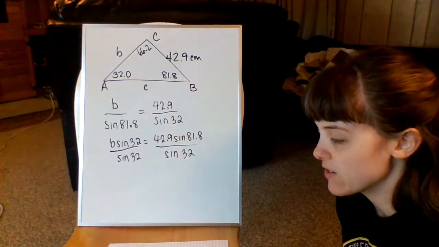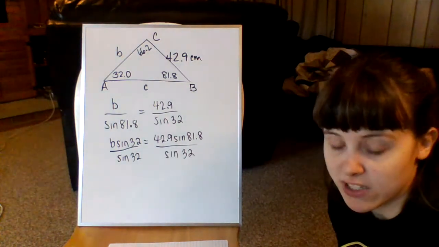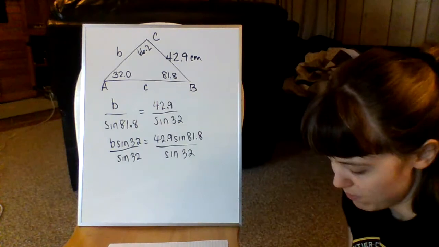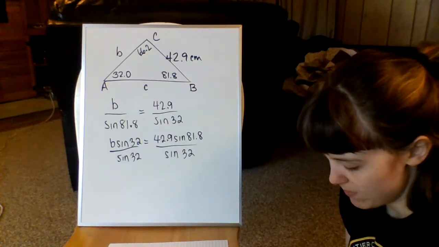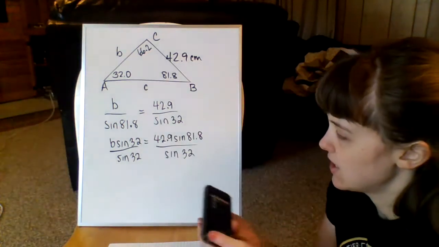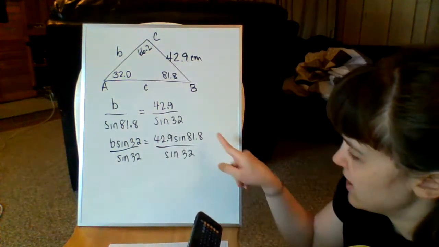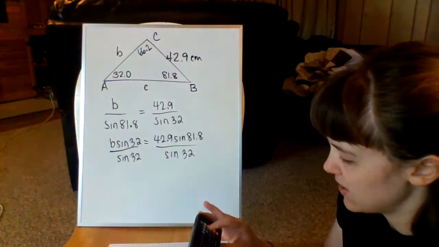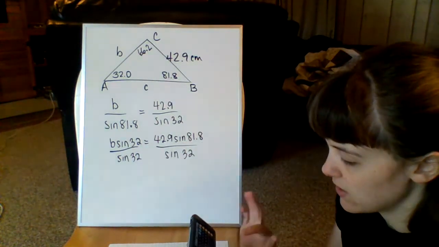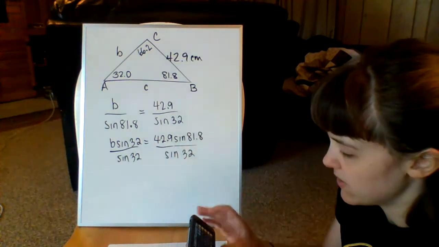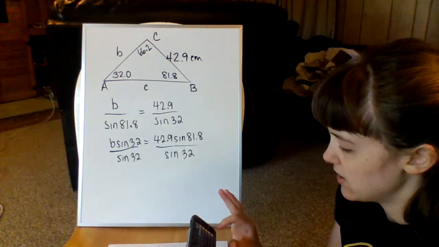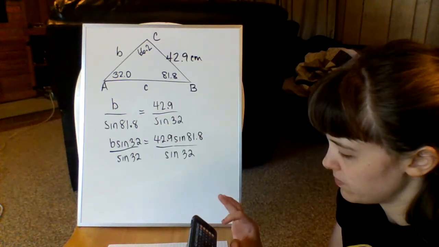Okay, so I'm going to now tell you how to type this into your phone calculator. If you've got your phone calculator nearby, pull it up. You want it to be sideways, so be sure you turn it sideways. First thing we're going to do is 81.8, and then we're going to press sine, times 42.9, and then press equals.